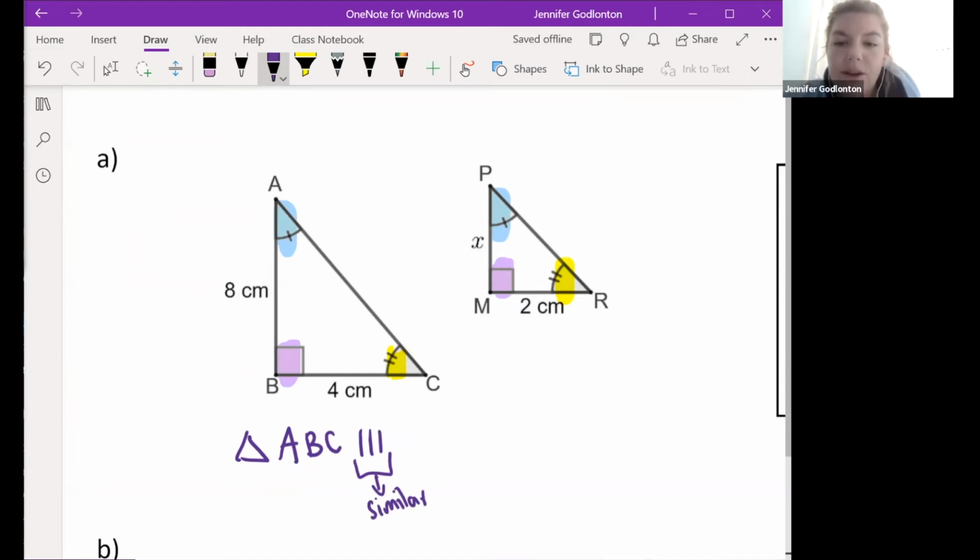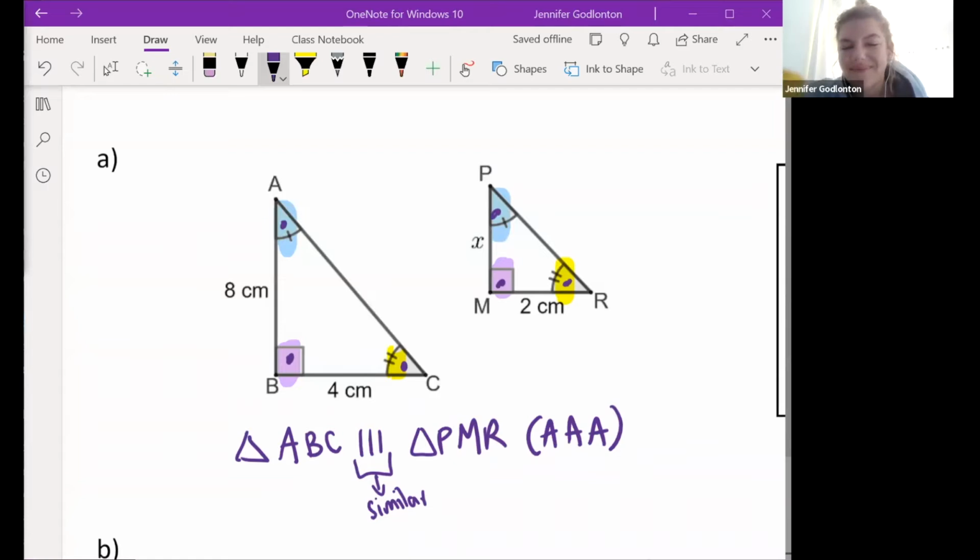Now we need to be careful with our order. A is the same as P, so we write P first. Then B is the same as M, so we write M second. And C is the same as R, so we write R last. So triangle ABC is similar to triangle PMR, and our reason is that all of their angles are the same as each other.